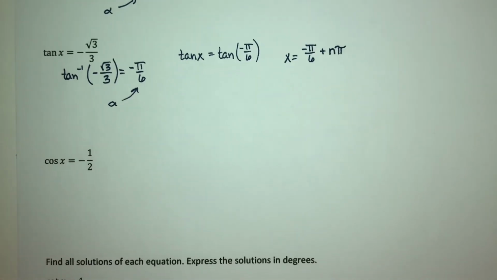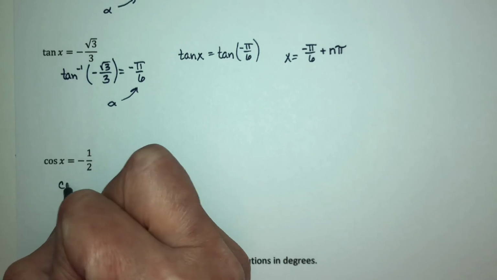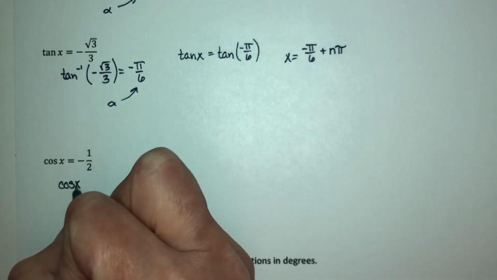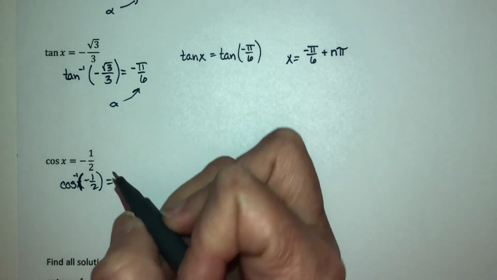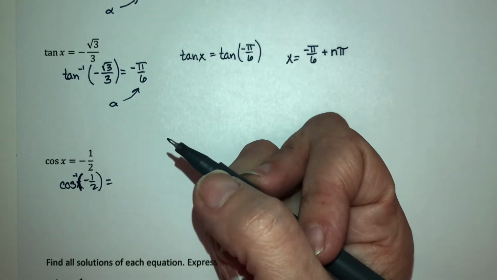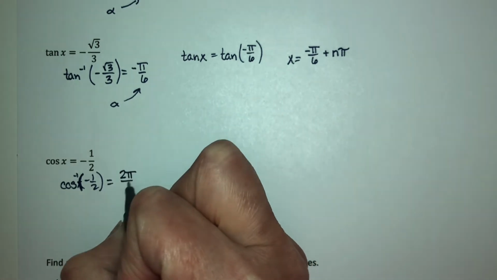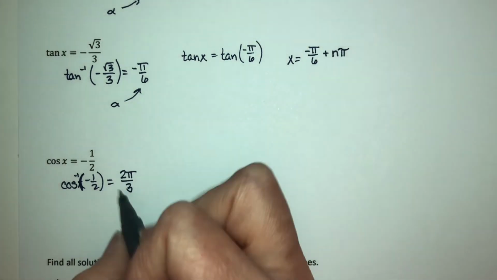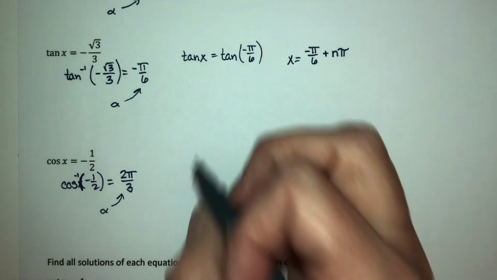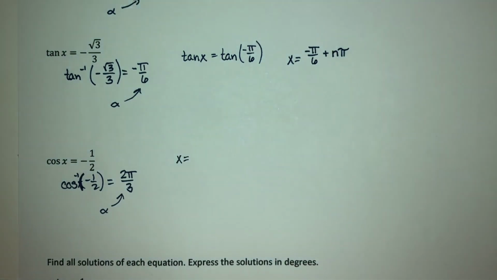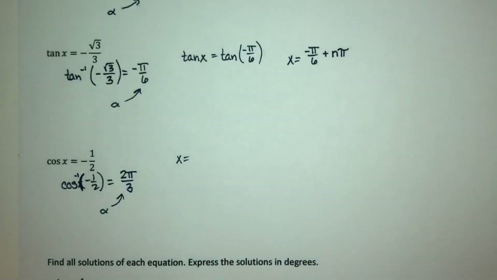All right, now let's do cosine of x is equal to negative 1/2. The first thing we do is we find inverse cosine of negative 1/2. And inverse cosine of negative 1/2 is 2 pi over 3. So 2 pi over 3 is my alpha. One set of solutions for cosine is alpha plus 2n pi.